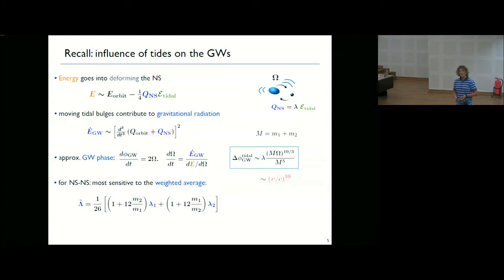We also discussed that if you have two extended objects in the system, what influences the waves, or any correction, is the combination of the tidal parameters of each object. So the key input needed for gravitational waves is to know what these tidal parameters are.